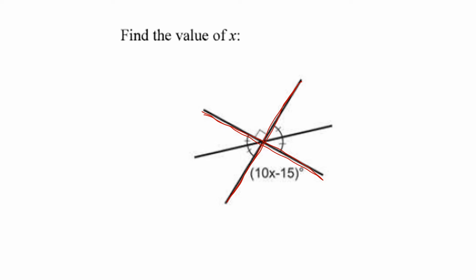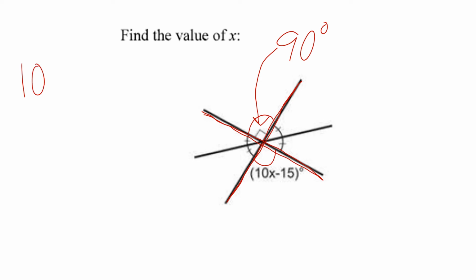So two intersecting lines, the opposite angles, or the angles across from each other, are equal. This symbol right there that looks like a perfect corner tells us it's 90 degrees. So that means the vertical angles across from each other are equal.